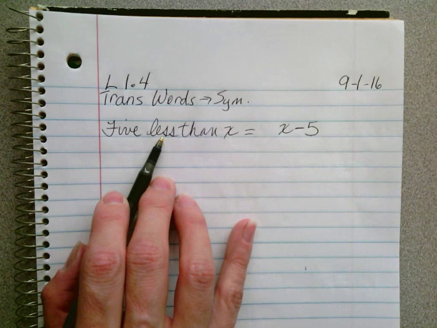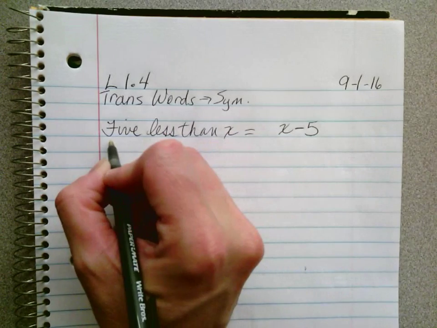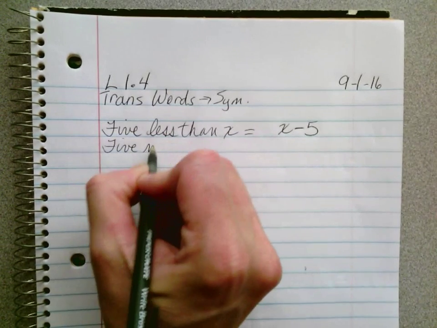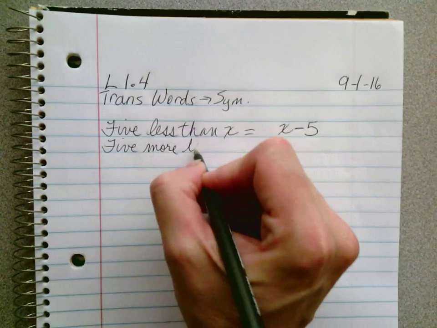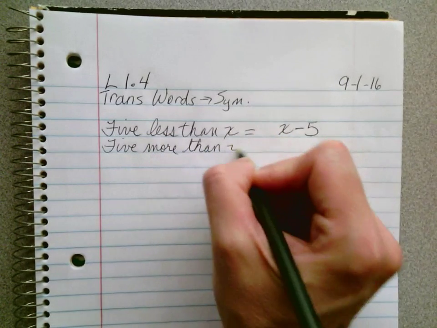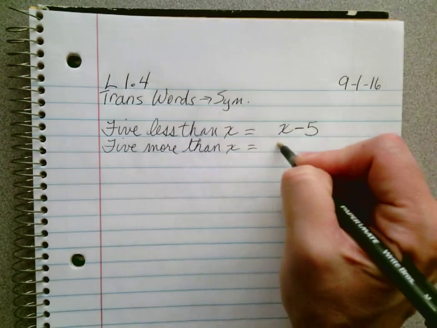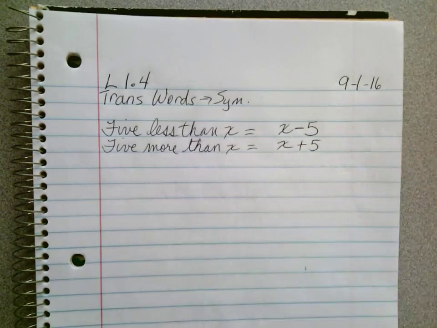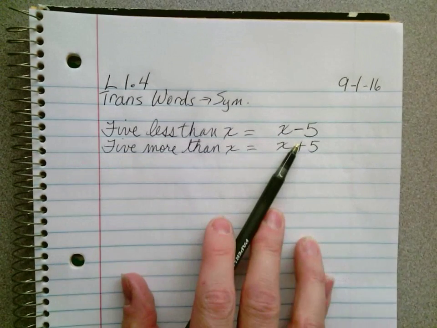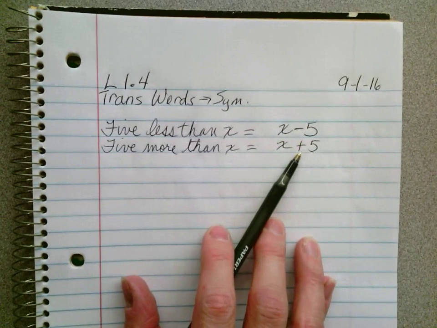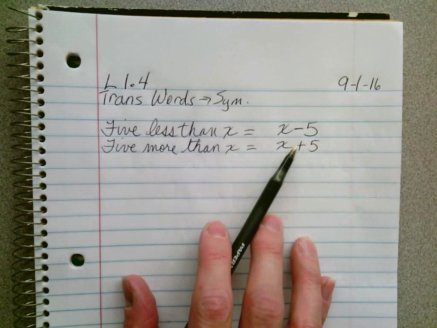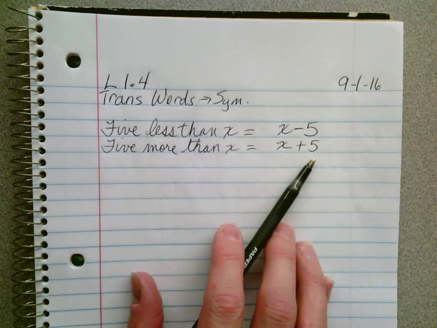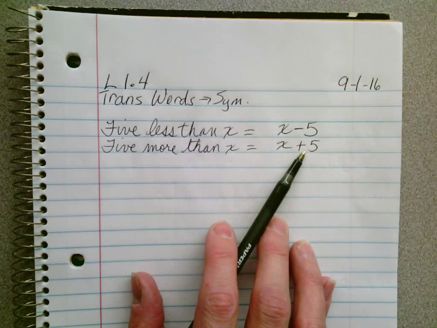Okay, in the same way, 5 more than X. Now, I kind of disagree with them. If you write it that way, you should write it that way. But knowing that the properties of addition state that you can add in either direction, technically the result is still the same.